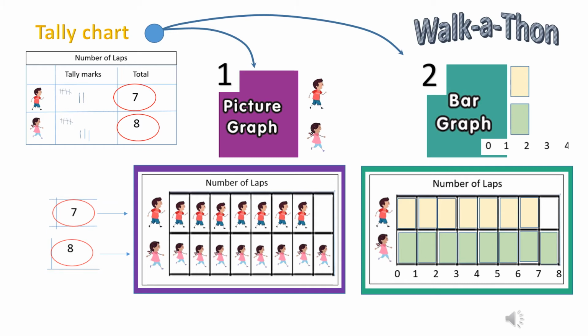And in the row for the girls, there are 8. And if you look at the bottom of that graph, you will see 0, 1, 2, 3, 4, 5, 6, 7, 8. And that's just how the bar chart is created. So there are some similarities, but there are some differences.